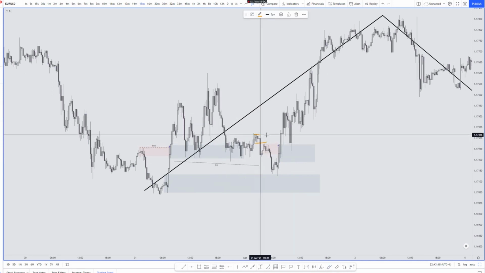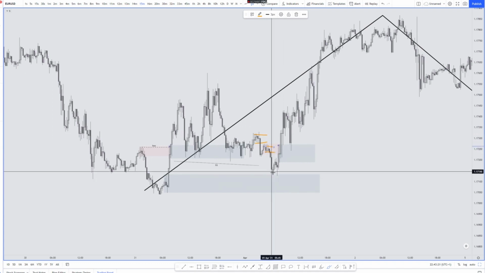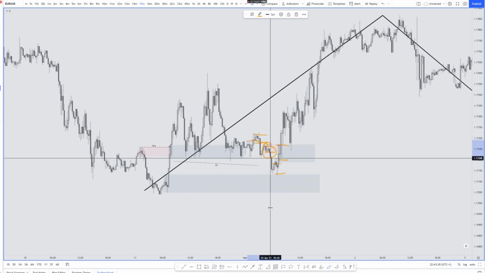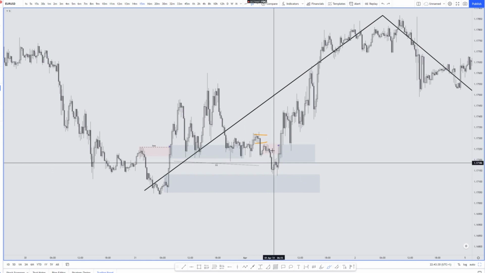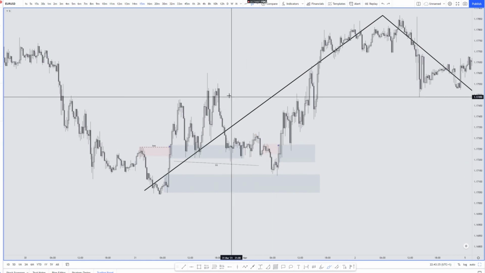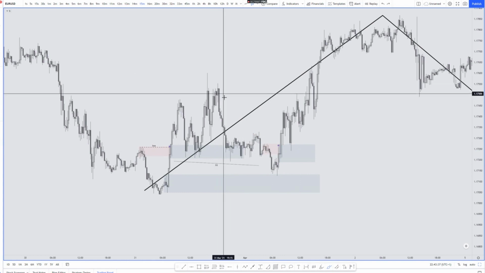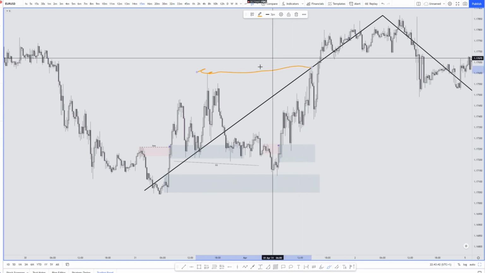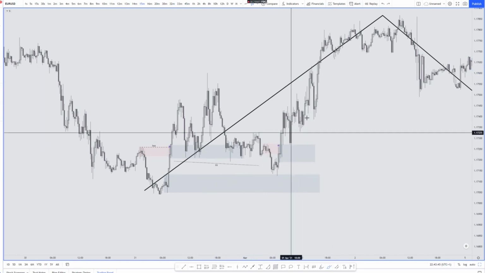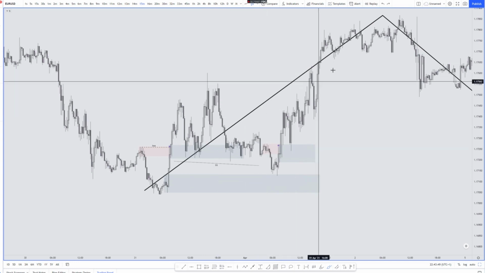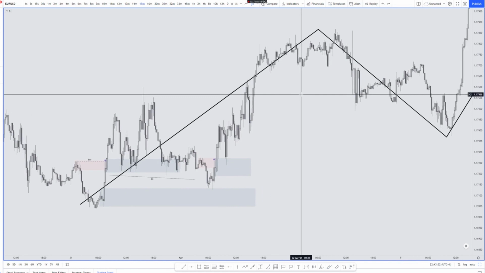Supply is in control here, demand starts taking control but doesn't fully take control till this supply fails. So at this point we can make an assumption that if this supply fails, we can maybe expect the next one to fail. Not necessarily confirmed till this high goes, but once this high goes and we are bullish, we can now start creating a trade idea that the trend is likely to continue up.